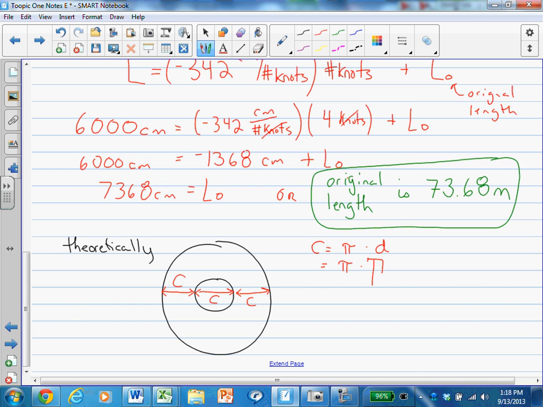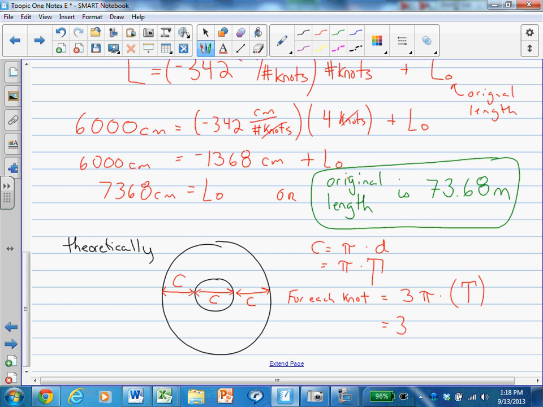And there's 3 of them. So the lost length for each knot is equal to 3 pi times t.